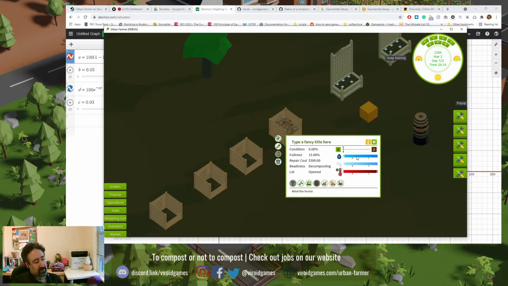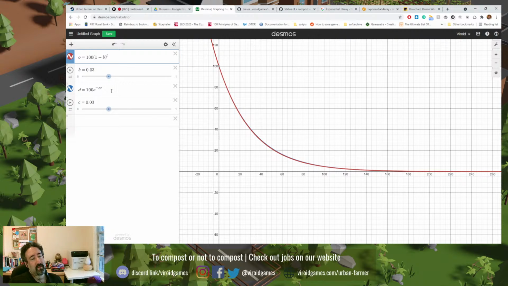When the user stirs the compost pile, what is actually happening in terms of the equation? Perhaps we are temporarily adding something like plus 10%.